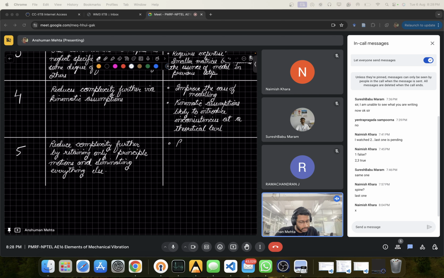So this is physical insight, limited to a specific setting, and it can be hand calculated.